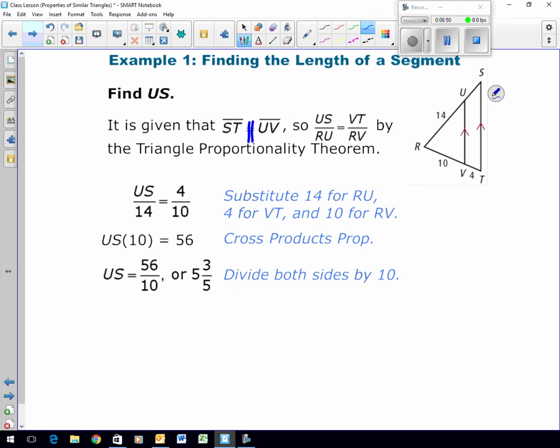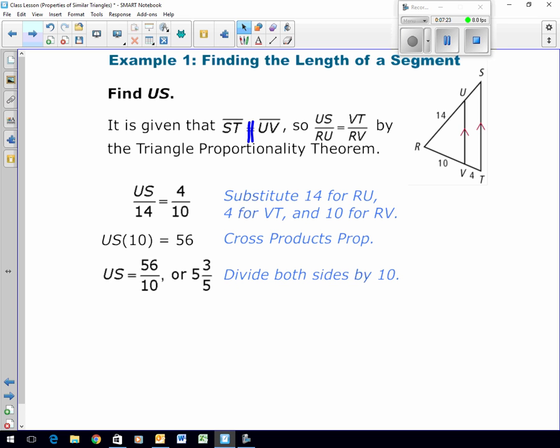Given that those are parallel, that means I divide this particular triangle up into segments as a proportion. U to S over R to U would be equal to the proportion of B to T over R to B. It's pretty boring, right? Because you're just going to set up a proportion and cross multiply.